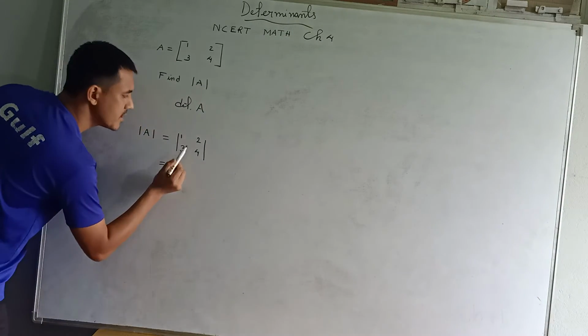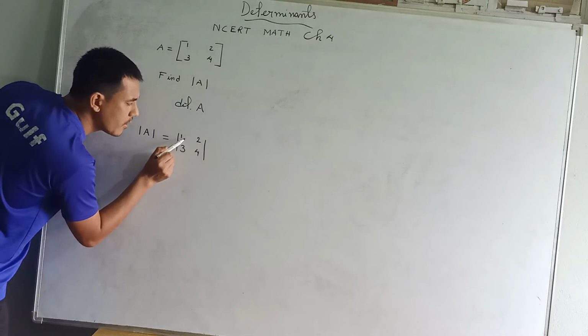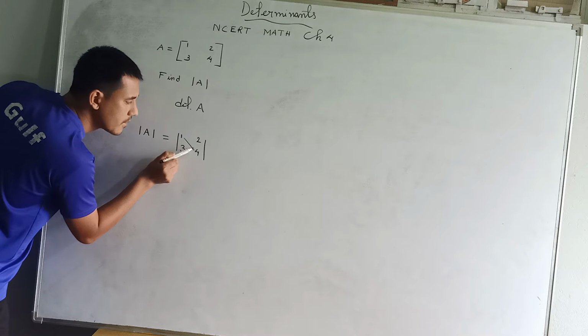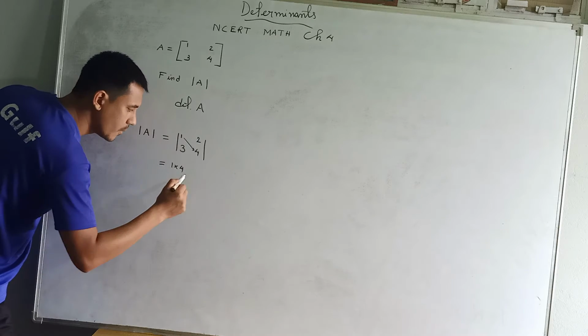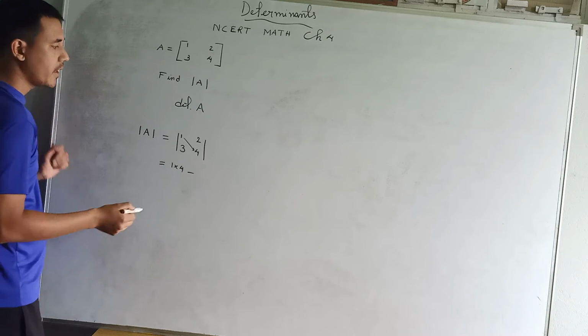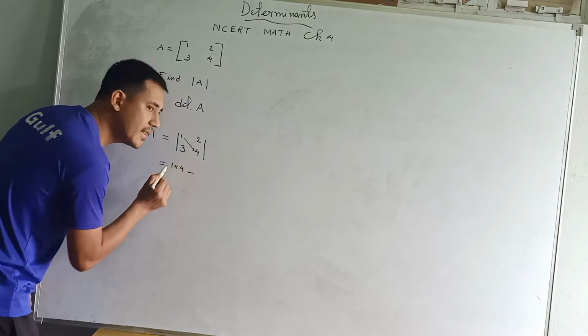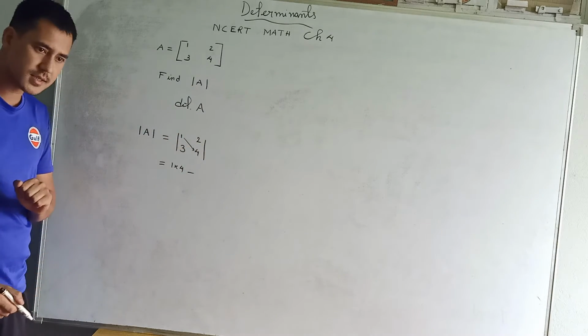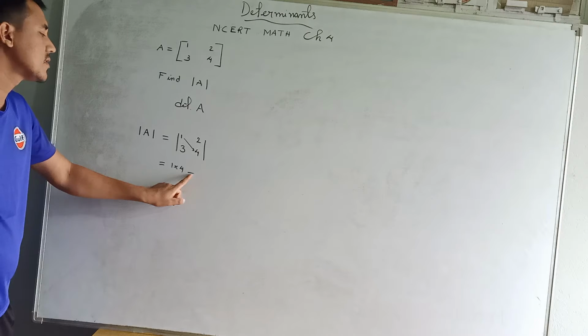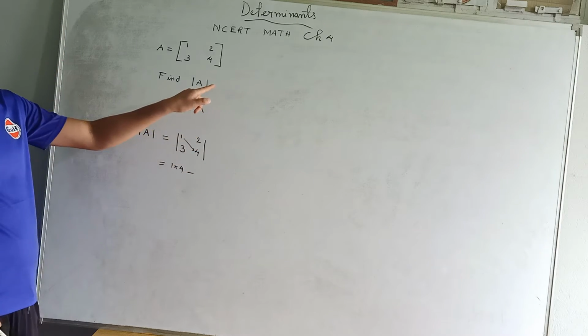What are the diagonal elements here? If we go along the diagonal, then 1 times 4, we write minus, and we multiply the anti-diagonal elements.